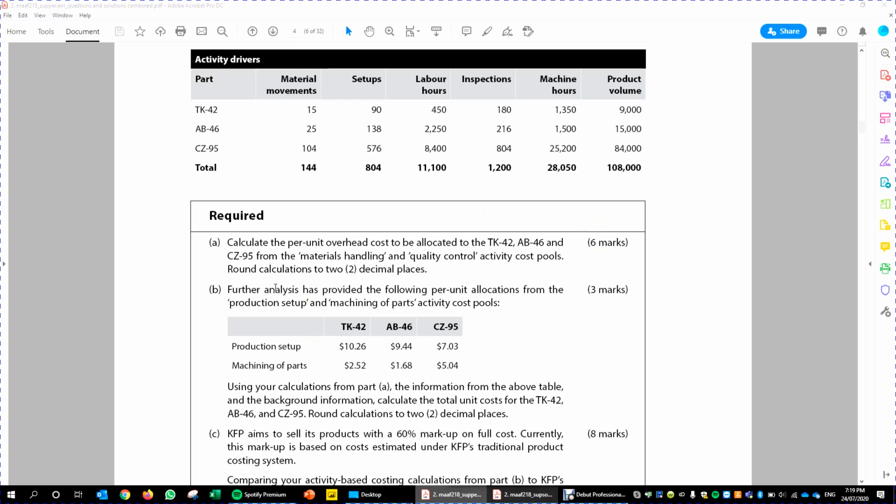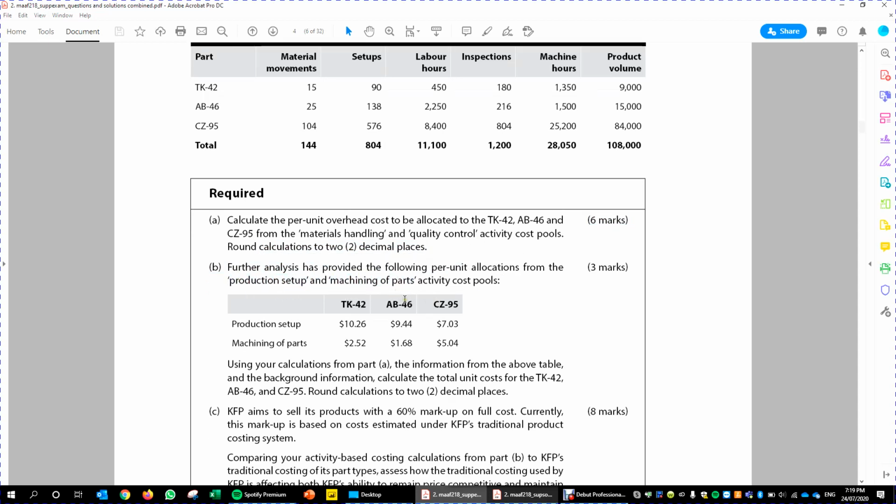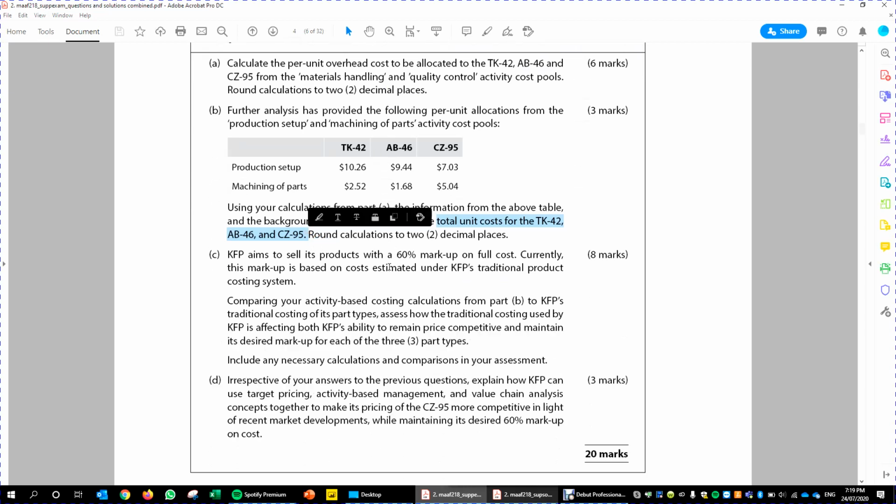Next is we're going to have to do some additional work. We've been provided these additional per unit allocations from production setup and machining of parts activity cost pools. So use your calculations from part A, the information from the above table and the background information, calculate the total unit costs for TK-42. Okay, so we're calculating unit costs as part B. For part C, they're aiming to sell a product with 60% markup.